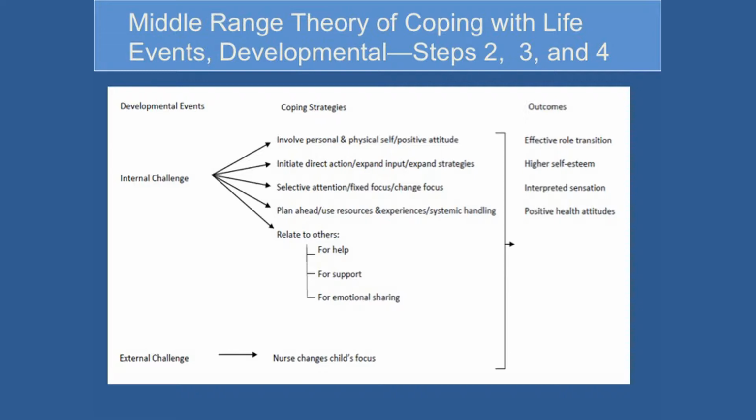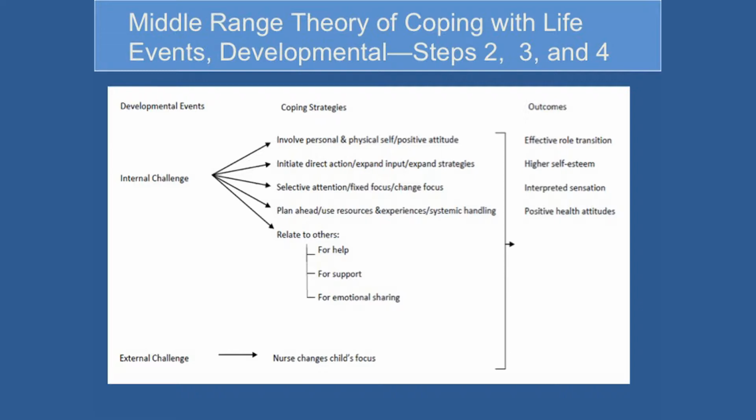And then the external challenge was the one study that was children who were receiving immunizations. The coping strategies then had to do with involving personal and physical self with a positive attitude, initiate direct action, expand input, expand strategies, selective attention, fixed focus, or change focus, plan ahead, use resources and experiences, and systematic handling.